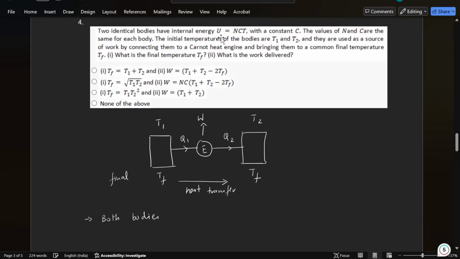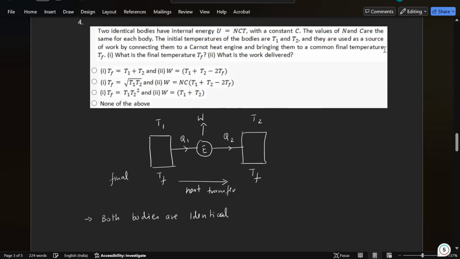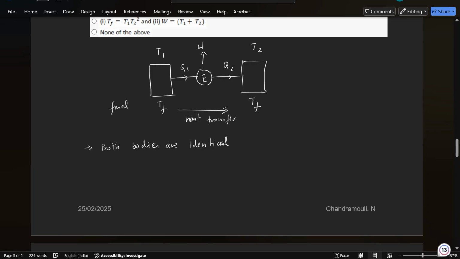They are identical bodies. And they're telling U is equal to NCT, and this is the same for both the bodies. It's just dependent on the temperature.